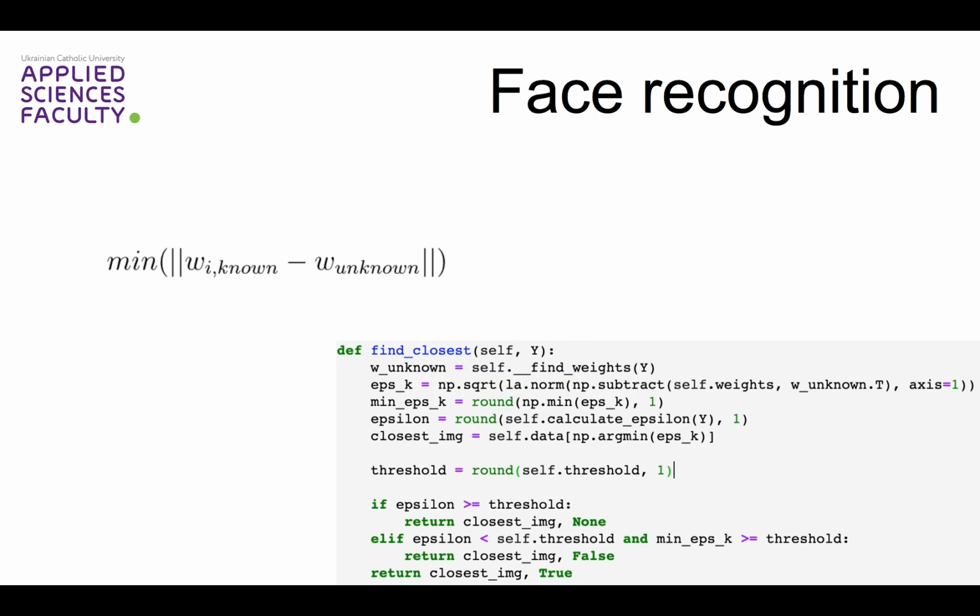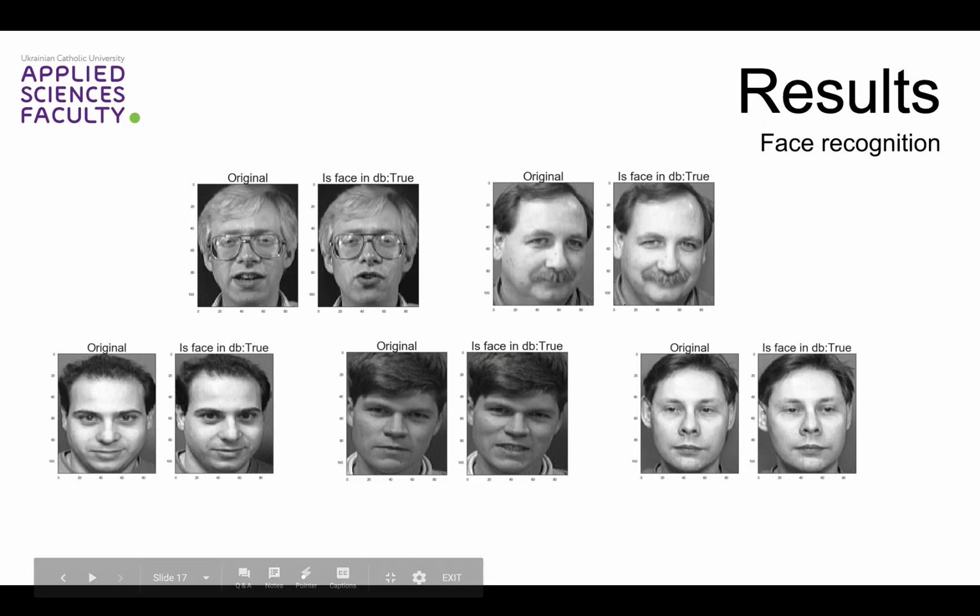Otherwise, this image could be a face or not. For the face recognition task, I used another dataset containing 40 classes with 10 images in each. After performing cross-validation, I got a 75% accuracy rate.